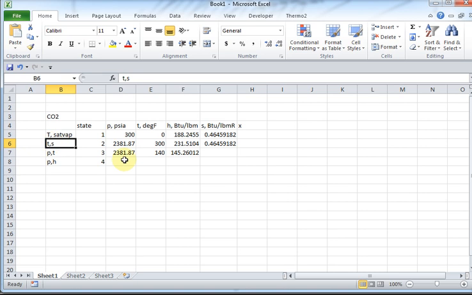Okay, let's do this one. We're back down to 300. And we're going to do constant enthalpy. And so I want to find the temperature. What do you think that temperature is going to be? Around zero.